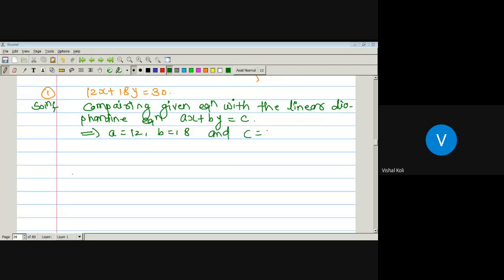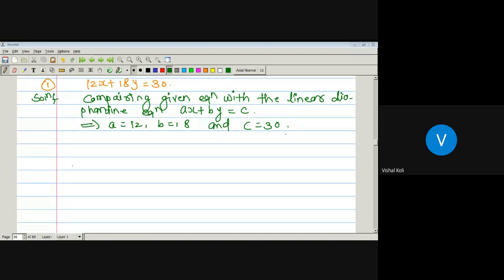And we know that the linear Diophantine equation ax plus by equal to c has a solution if and only if, yes, what is that result? The linear Diophantine equation has a solution whenever GCD of a, b divides c. Okay, that one is our result. So here, first we have to find out the GCD of a, b. So GCD of a and b is equal to GCD of 12 and 18.